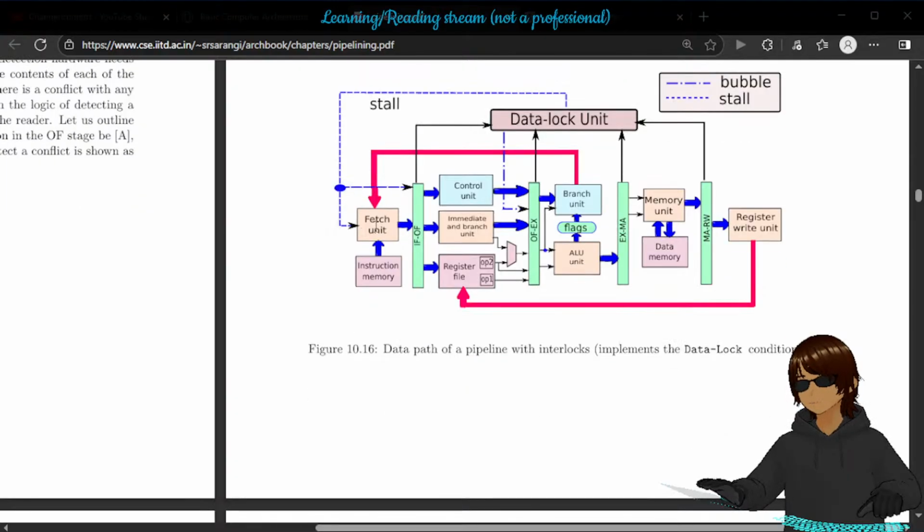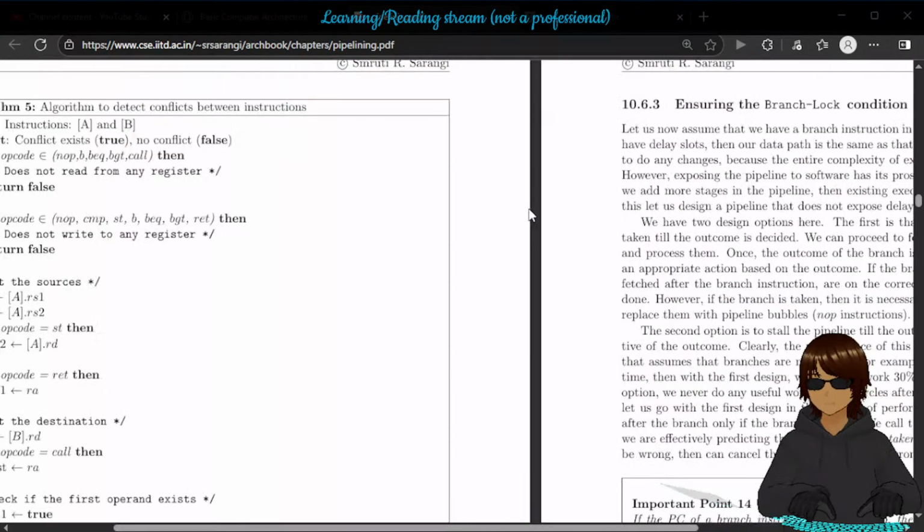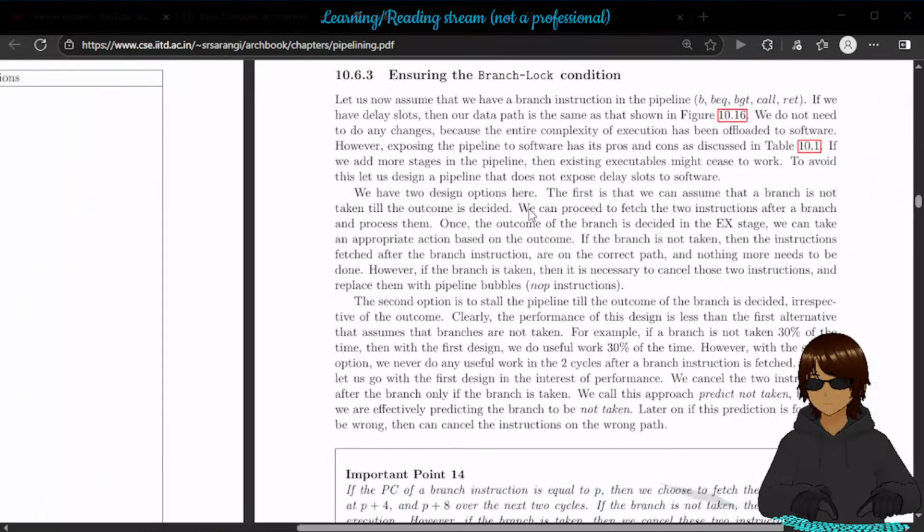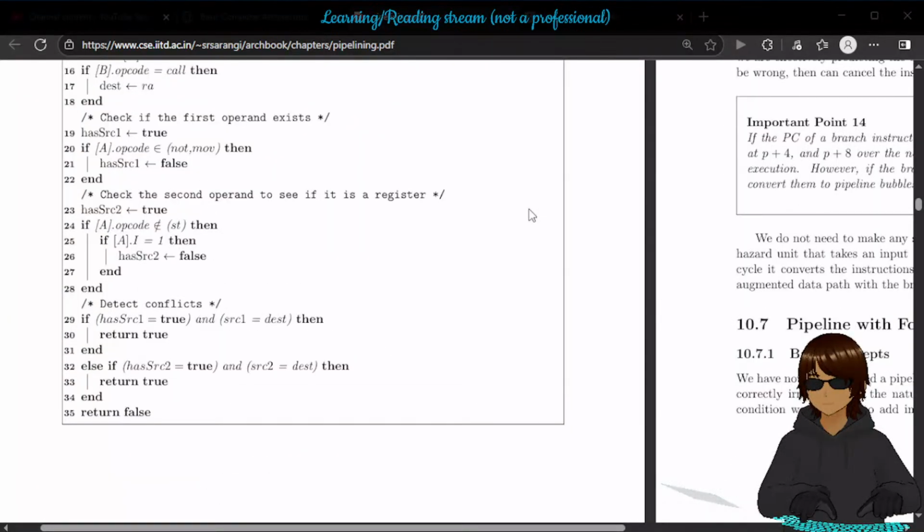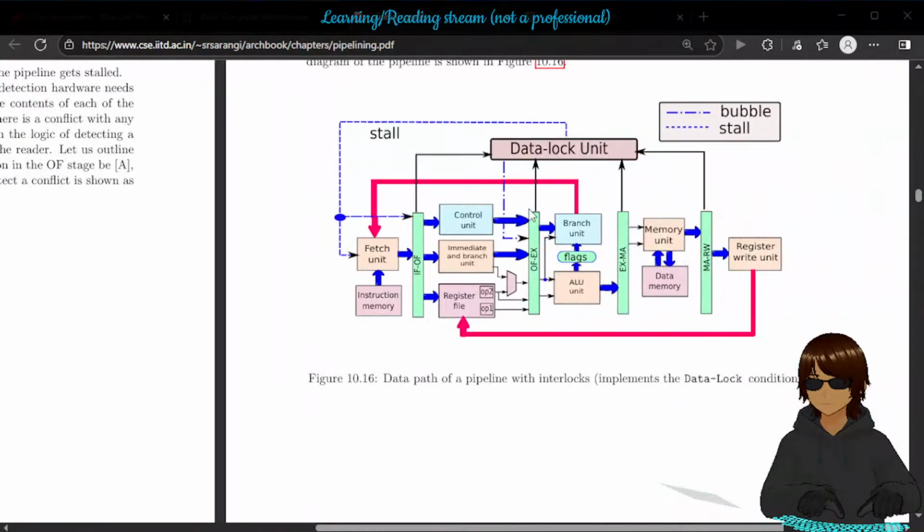Stall means the fetch undoes what it did. Every time, in every new clock cycle, it fetches the new instruction, right? So if stall is true, this will be paused, right?